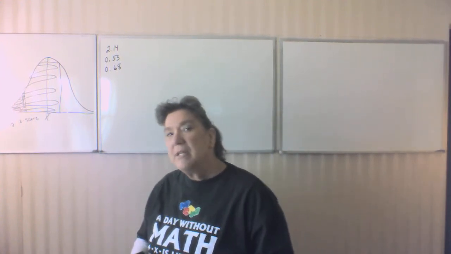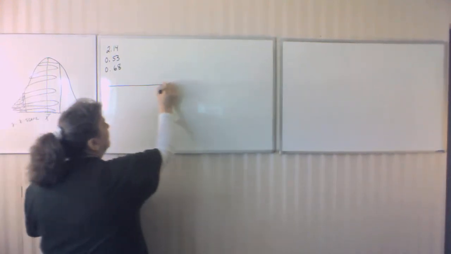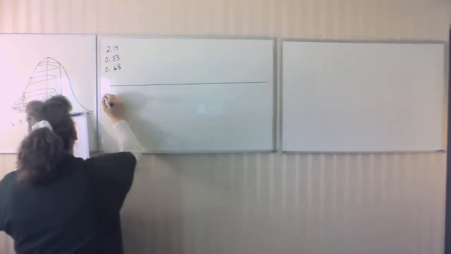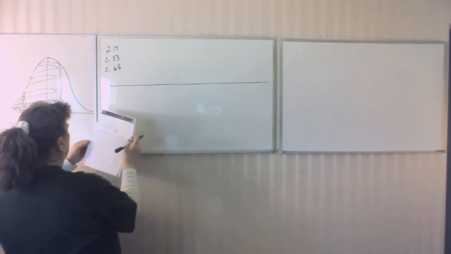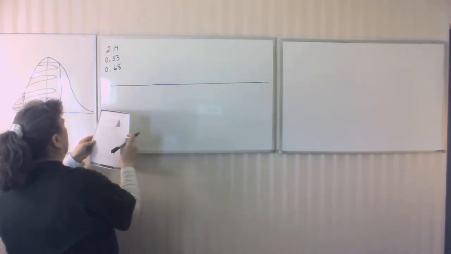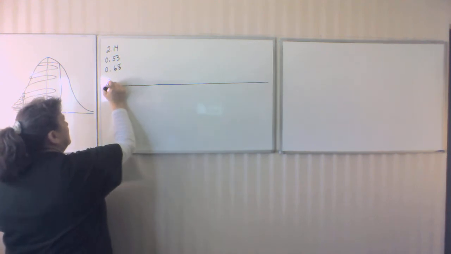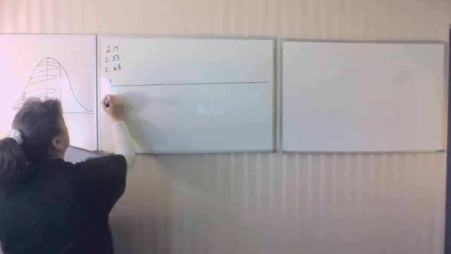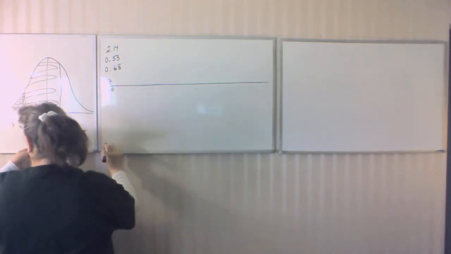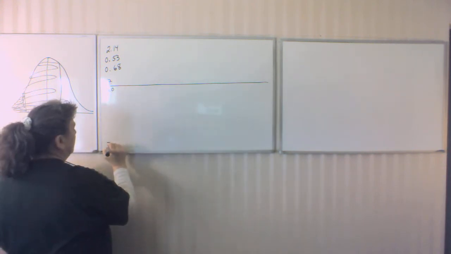So as we look at this z-score table, I'm going to just give you a little bit of what it looks like. You will notice that over here it says z-score, and it starts with 0.0 and goes all the way up to 3.4.